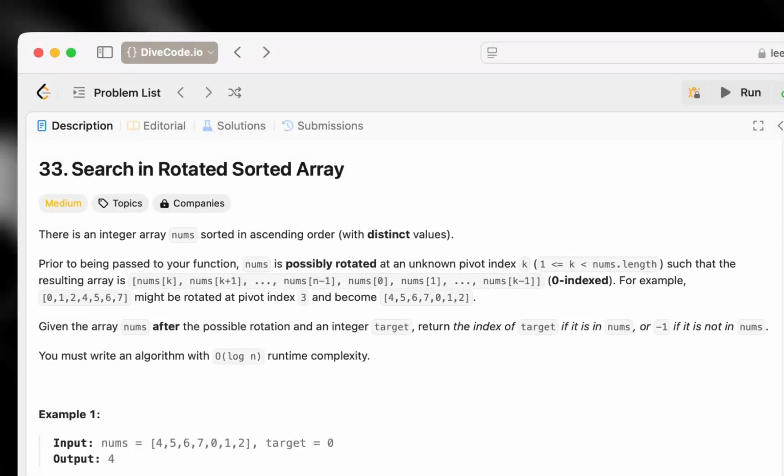Given the array nums after the possible rotation and an integer target, return the index of target if it is in nums, or -1 if it is not in nums. And we want to write an algorithm with O(log n) runtime complexity.